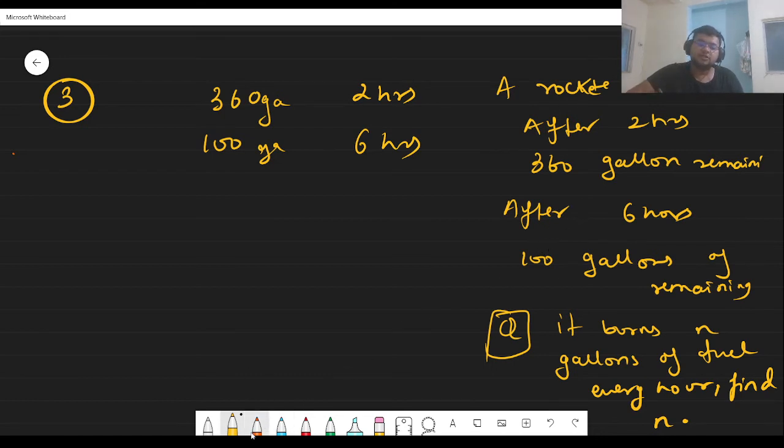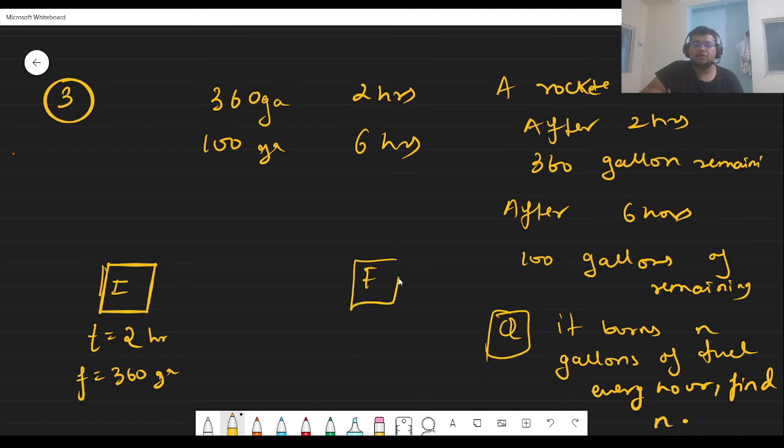How can we find it? Let's say this is the initial position, at the starting position, which I will denote I. The time which had passed was 2 hours, and the fuel remaining was 360. Now, in the final position, final means when we are calculating the last part, the time which has passed is 6 hours, and the remaining fuel is 100 gallons.